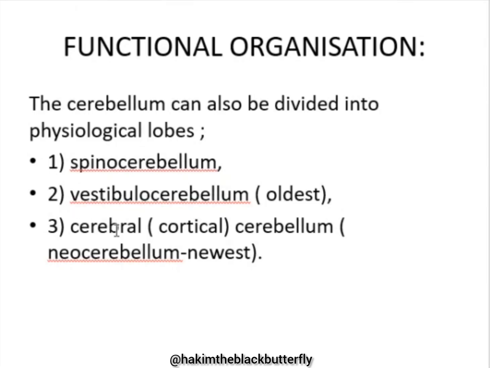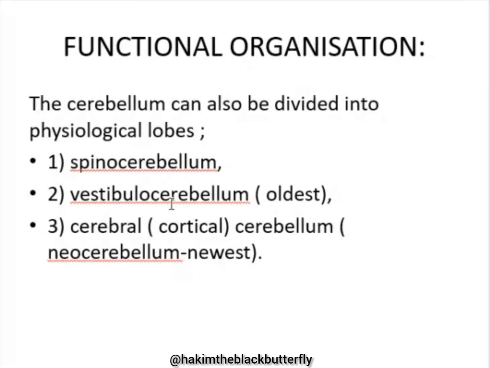Then we have the cerebral or cortical cerebellum. This is called the cerebral or cortical cerebellum because it is connected to the cerebral cortex. And in evolutionary terms, it was the last to evolve. So the functional divisions of the cerebellum: we have the spinocerebellum connected to the spinal cord and the body muscles.